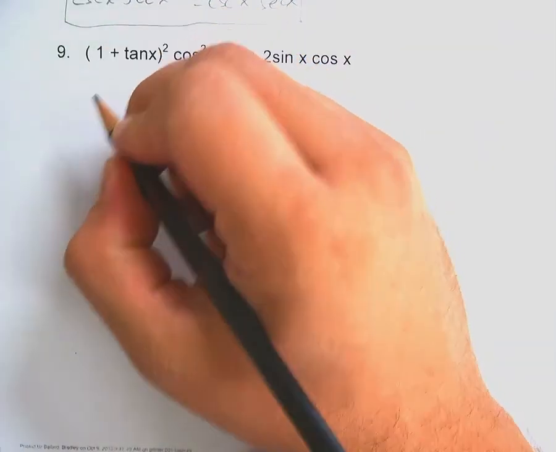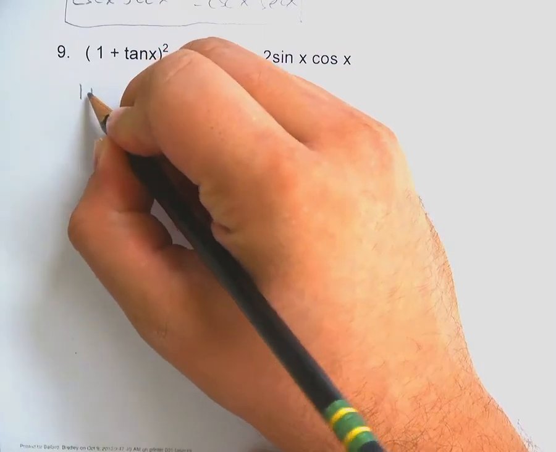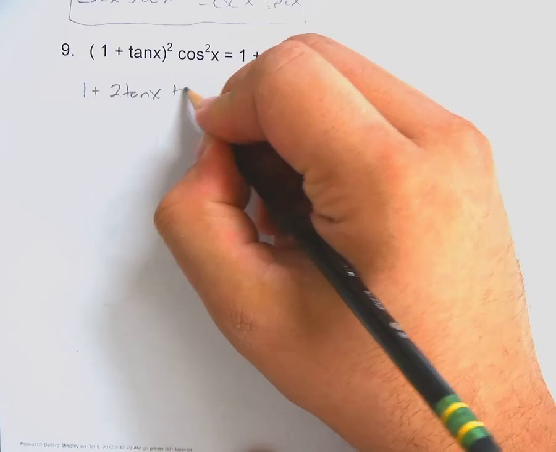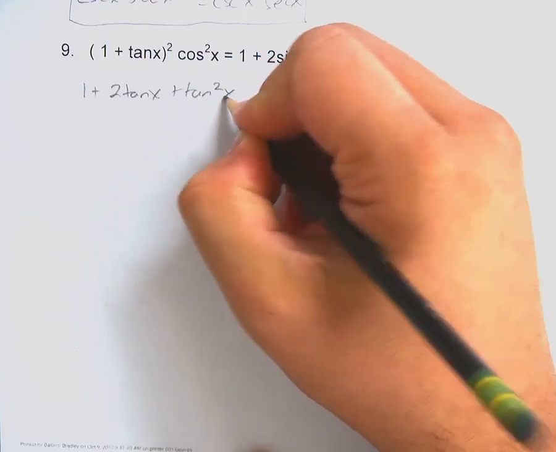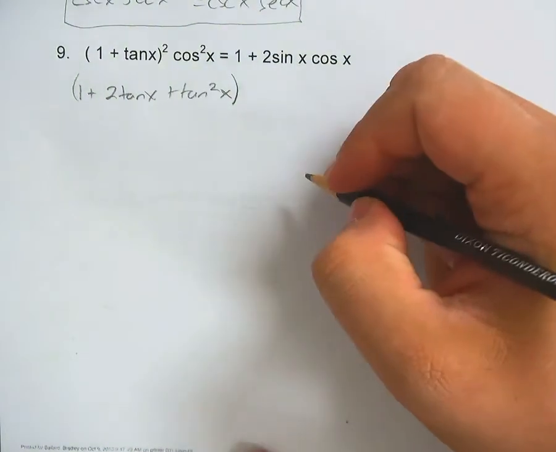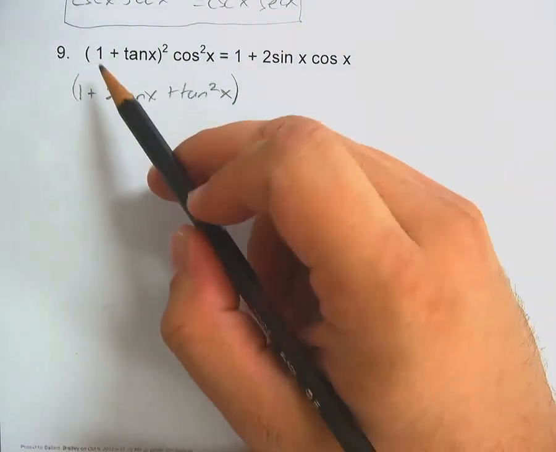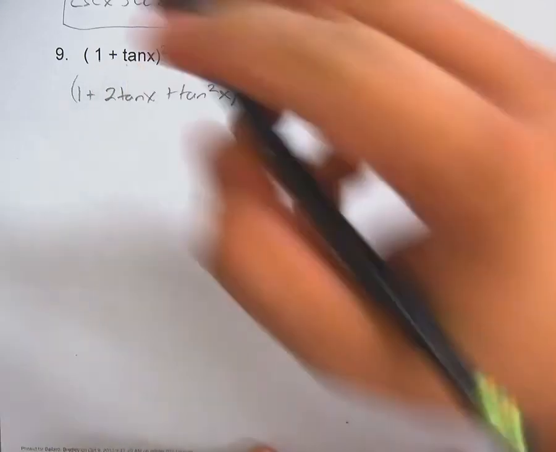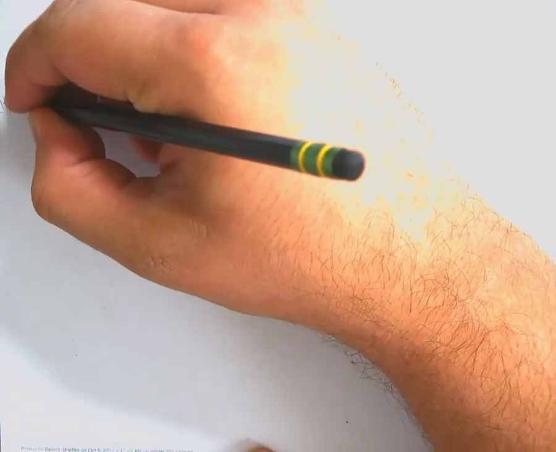It's going to be 1 plus 2 tan x plus tan squared x. And put that guy in parentheses. Again, this is 1 plus tangent x times 1 plus tangent x, if you need to see where that came from.